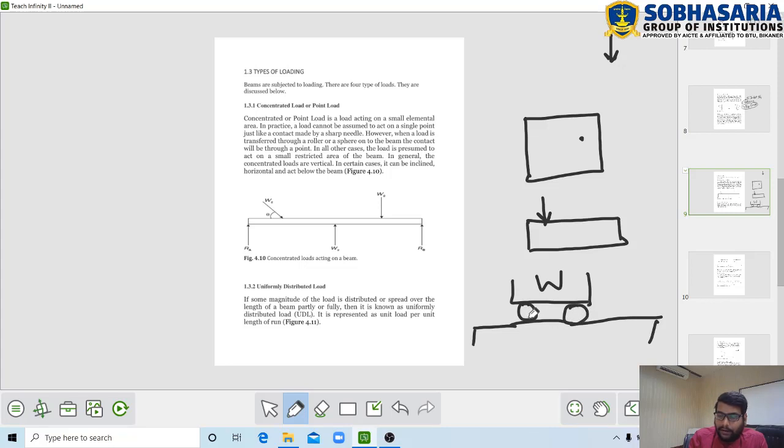The contact area of the tire is at a single point with the road. Under these conditions, the loading classes used in IRC, we can see some diagrams like this, class A, class BB. These are examples of point loads.